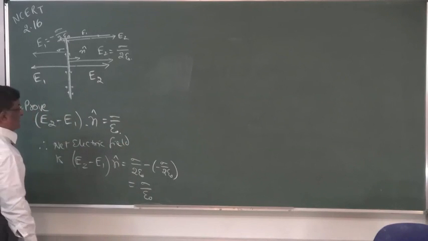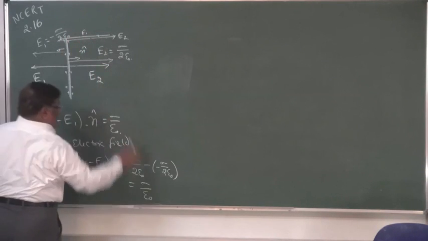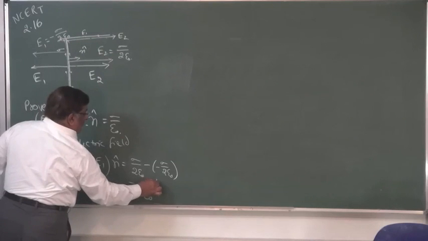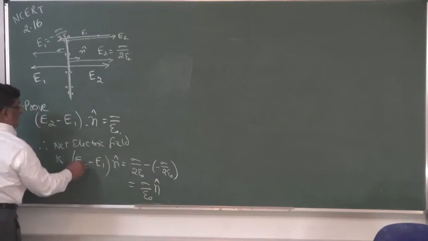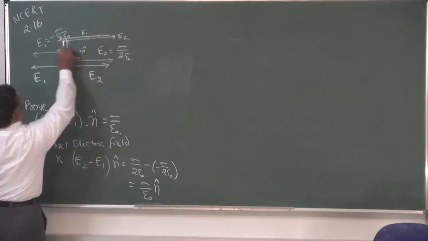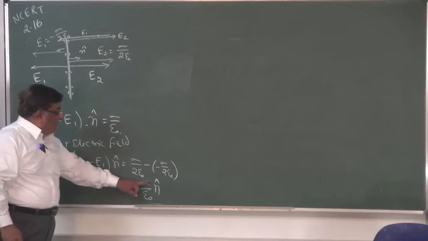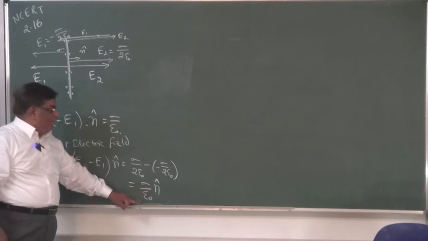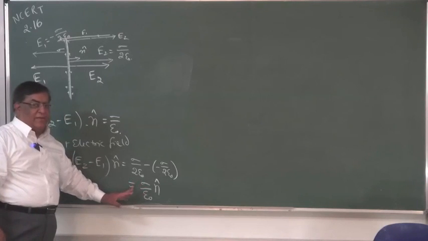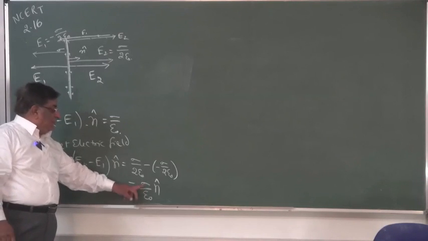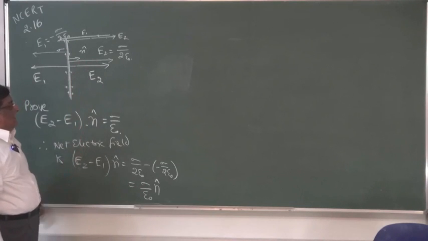And what is its direction? Normal to this, so we write here normal to this. When we come here, then it will change, it will become negative, but the magnitude will remain same. So this we had already done. Again we are doing it. Sigma upon epsilon naught is here.